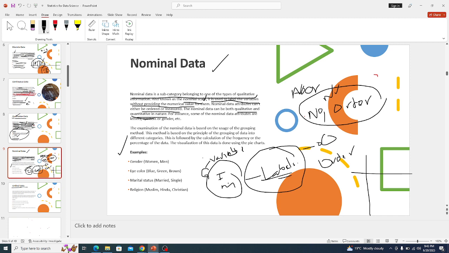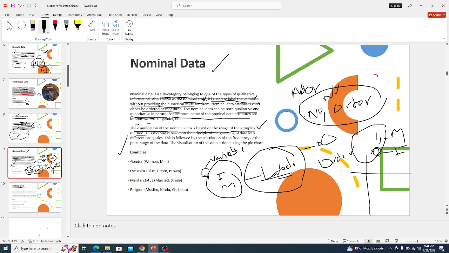For example, 1 to represent male, and 2 to represent what? Female. Or 0 to represent female and 1 to represent what? Male. So you can see we've assigned some values. Some of the nominal data attributes are letters and symbols. So the examination of nominal data is based on the usage of grouping method.